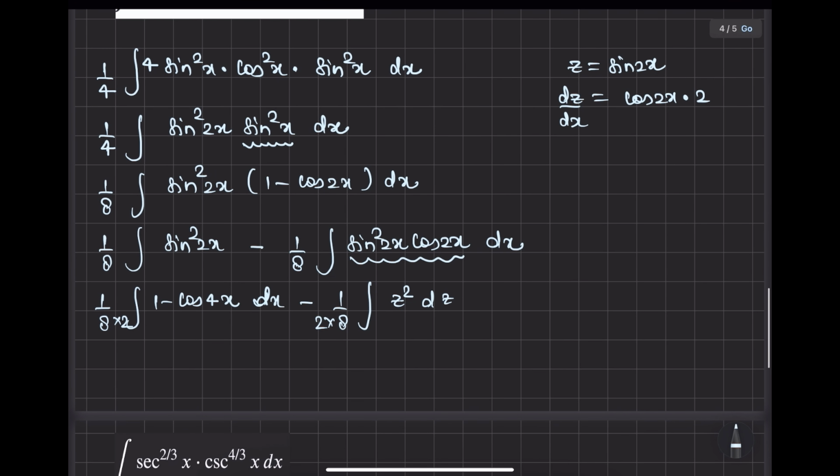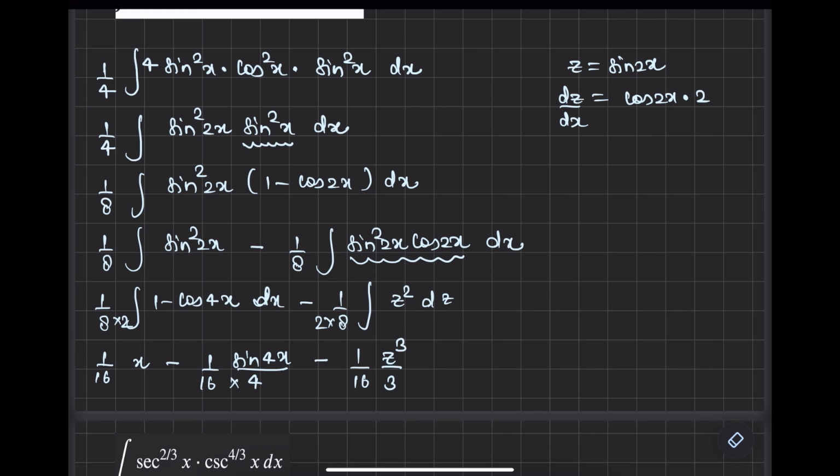Your integral of z square was z cube by 3. Okay, let's manipulate. So 1 by 16, integration of 1 is what? x, minus 1 by 16. Integration of cos 4x is what? Sine 4x by 4. Now integration of z square is what? z cube by 3.